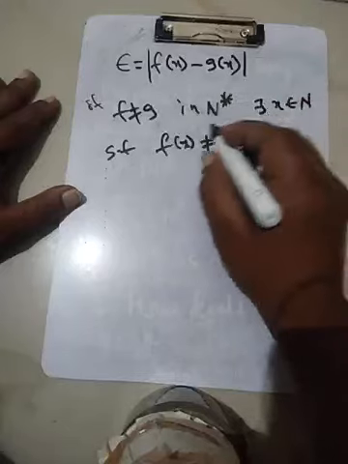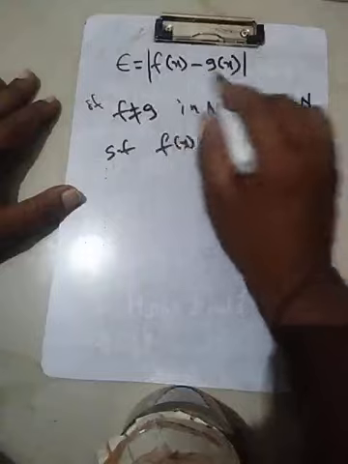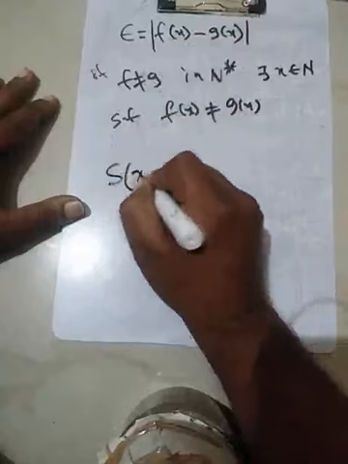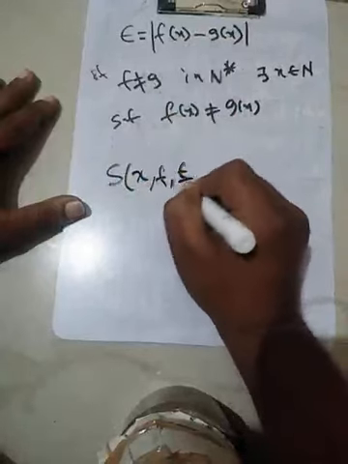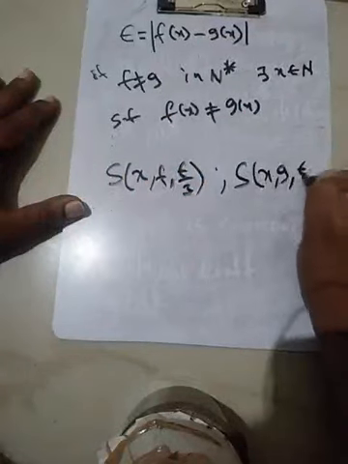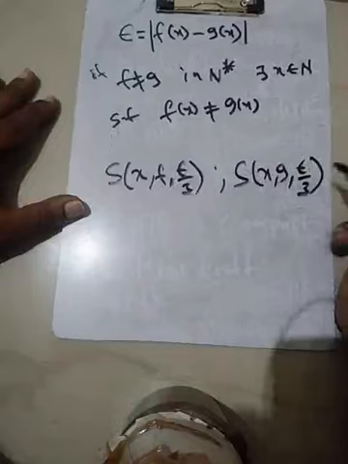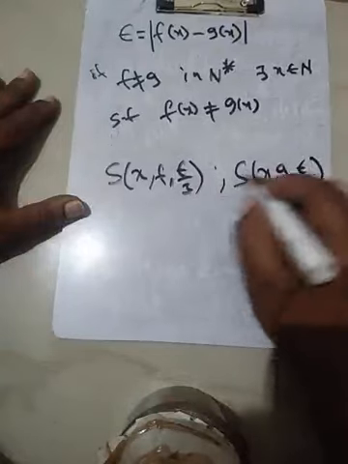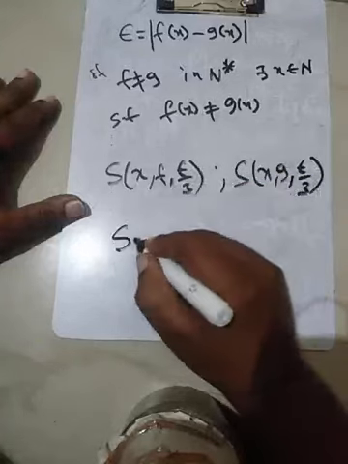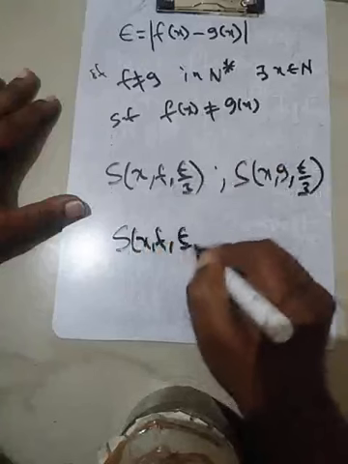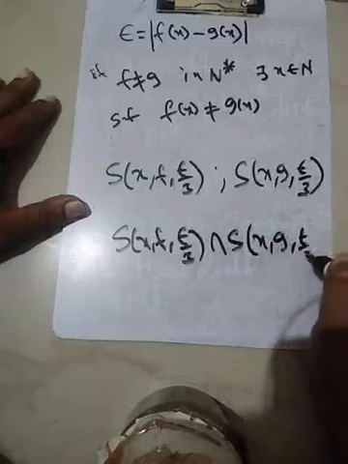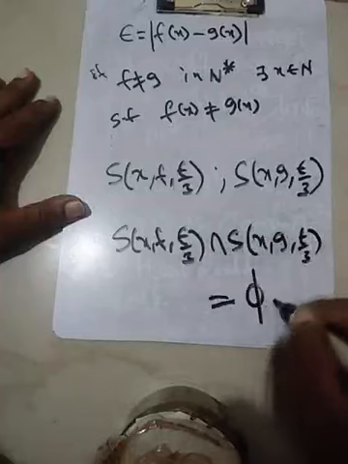Then take the basis elements S(x, f, epsilon/3) and S(x, g, epsilon/3). The intersection of S(x, f, epsilon/3) with S(x, g, epsilon/3) is an empty set.